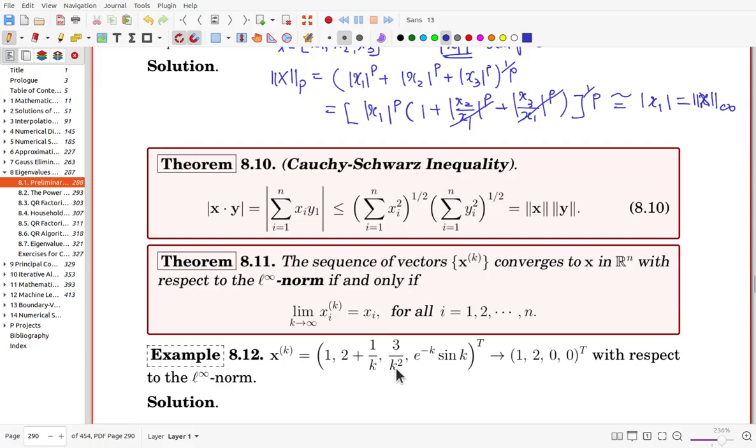And for this term, 1 over k squared will converge to 0 as k increases, and you can consider it pointwise, element-wise, in this way. Now, sine k will be oscillatory. However, e to the minus k will converge to 0, so this whole thing will converge to 0. Okay? So we reject this one.